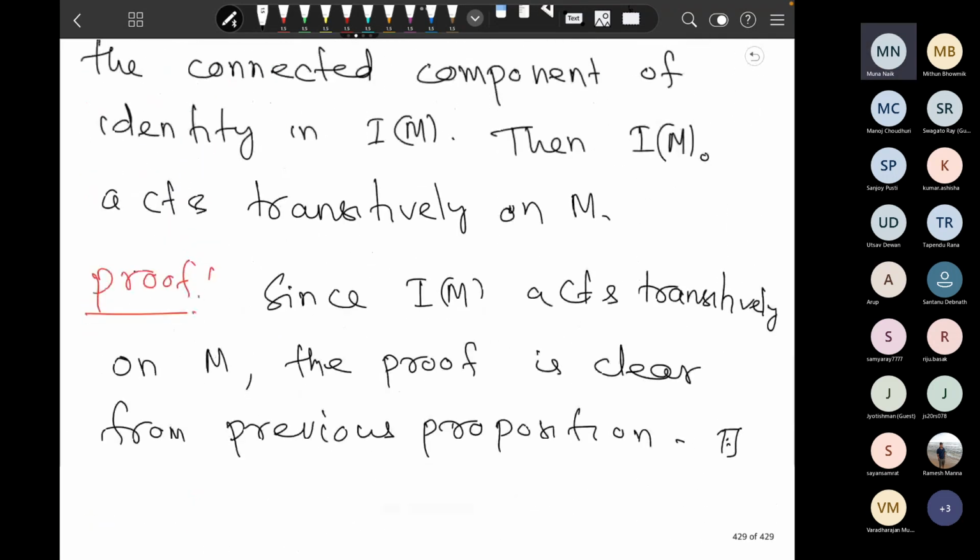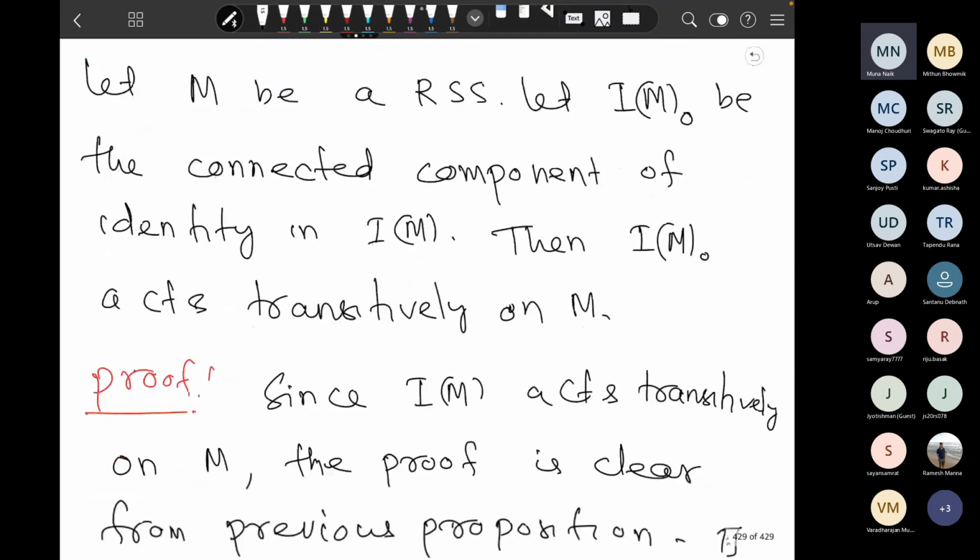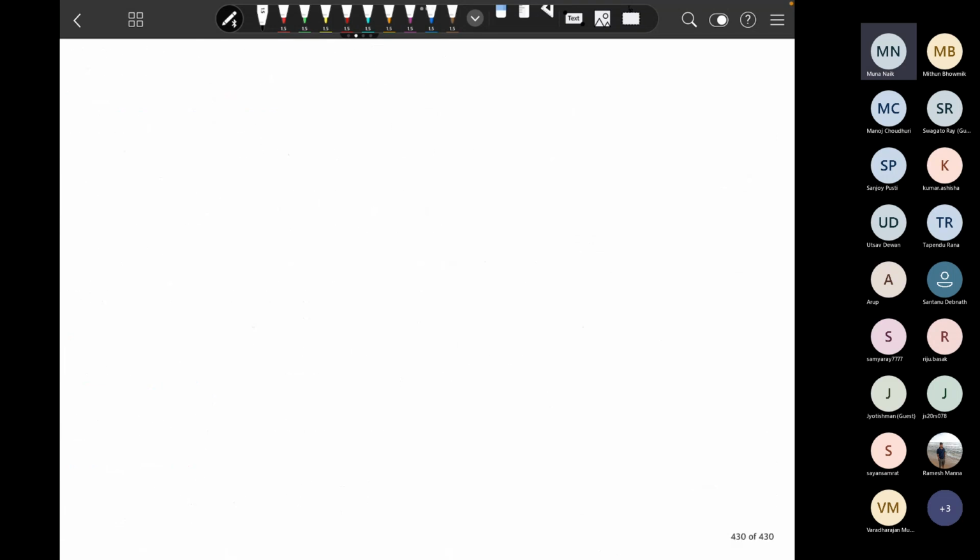But there is another proof, and this is also nice, and that is there in the second note, by Alexandra or something like that. So let us give another way. Another proof.